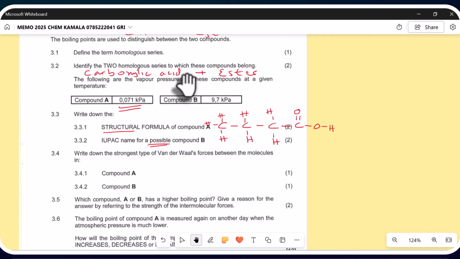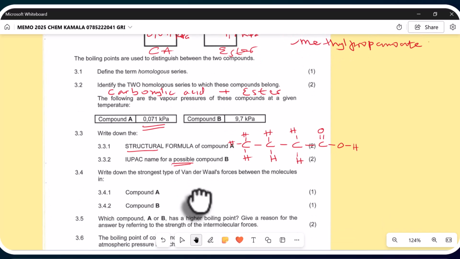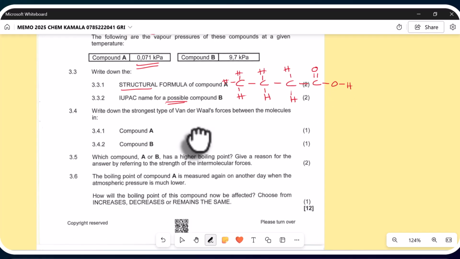I repeat, they say which compound, A or B, has a higher boiling point. Then they say give a reason for your answer, referring to the strength of the intermolecular forces. So we're saying it is compound A. Compound A has a higher boiling point than compound B. Why?